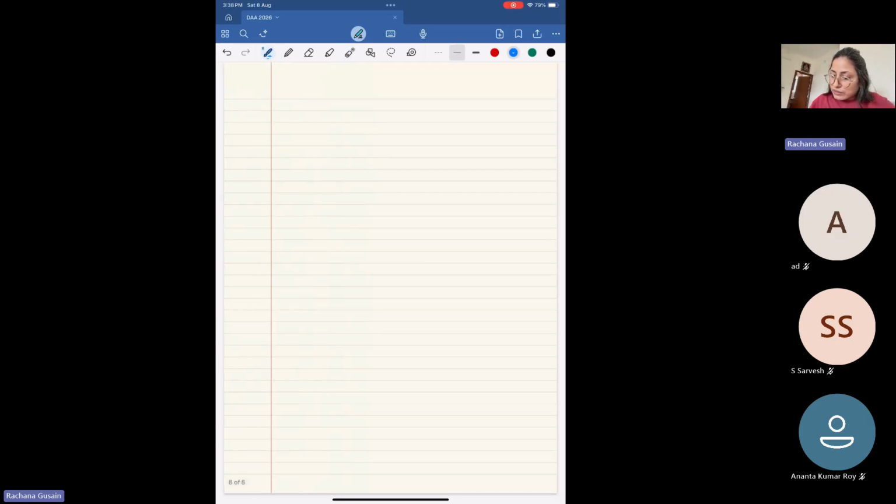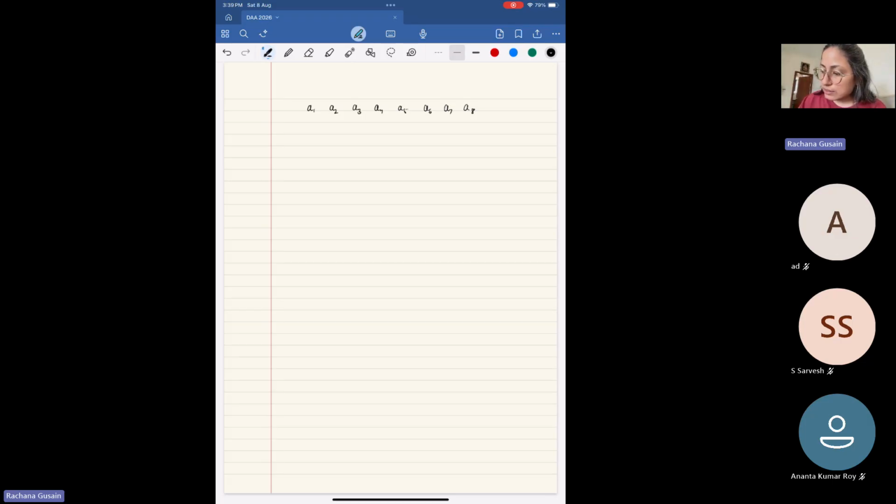Let's say I have an array of size 2 to the n, let's say 8. The elements are A1, A2, A3, A4, A5, A6, A7, A8.